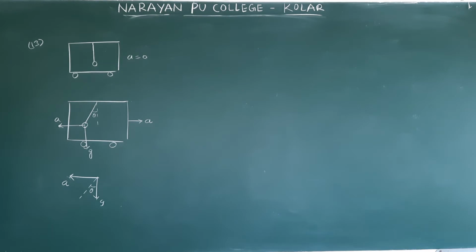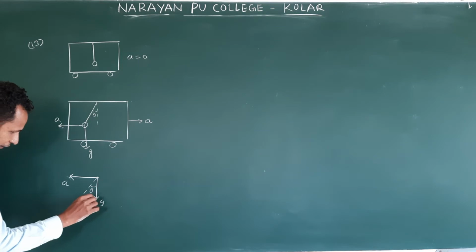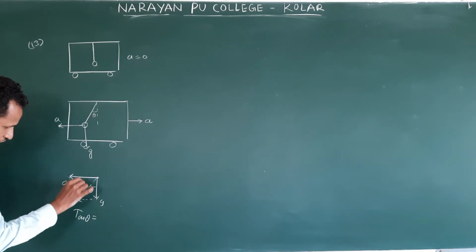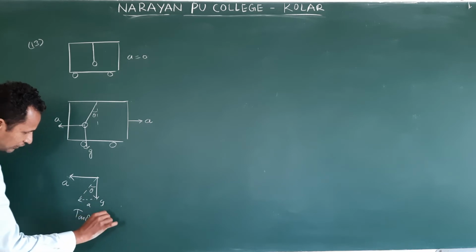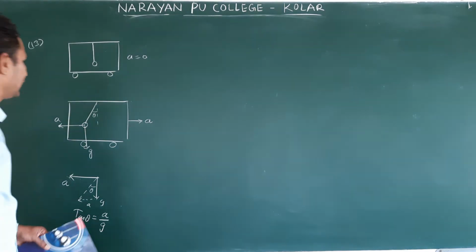Clear? Then if you shift this vector here, a, then what do you get? Tan theta is equal to, this is a, opposite, a by g. Did we get correct? Yes, tan theta is equal to a by g. Clear?